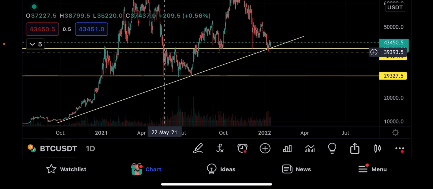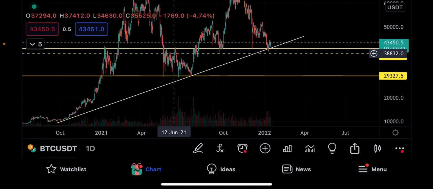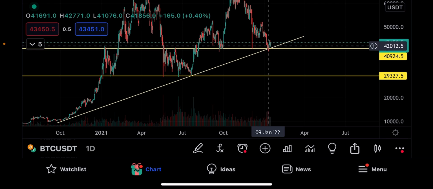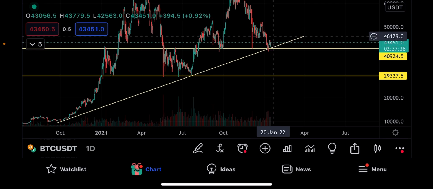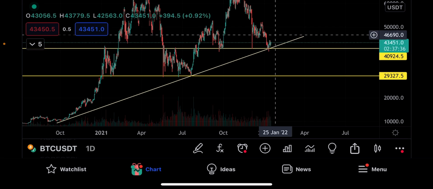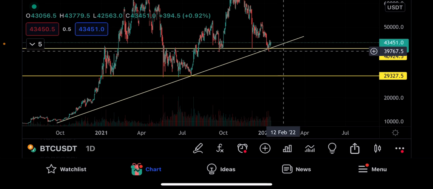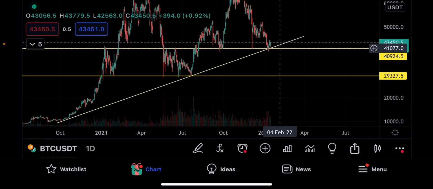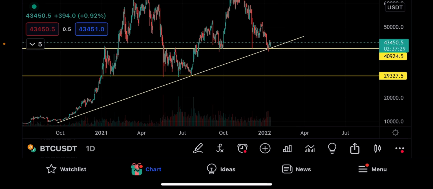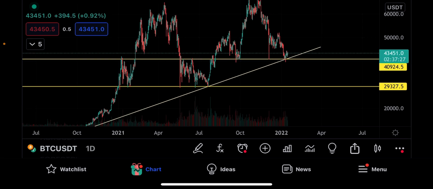So if it was to repeat, we had one touch here, and I believe that there is going to be a little bit of a bump here, and again, another touch to this horizontal is still possible. I do believe that this is going to happen for at least a month or two.